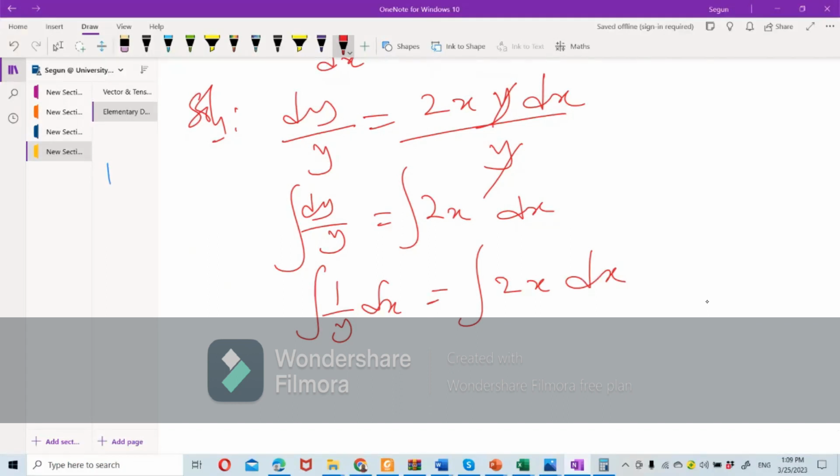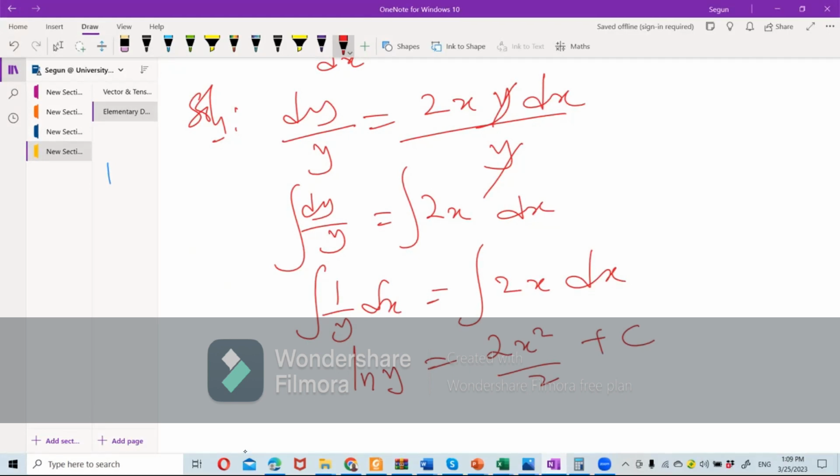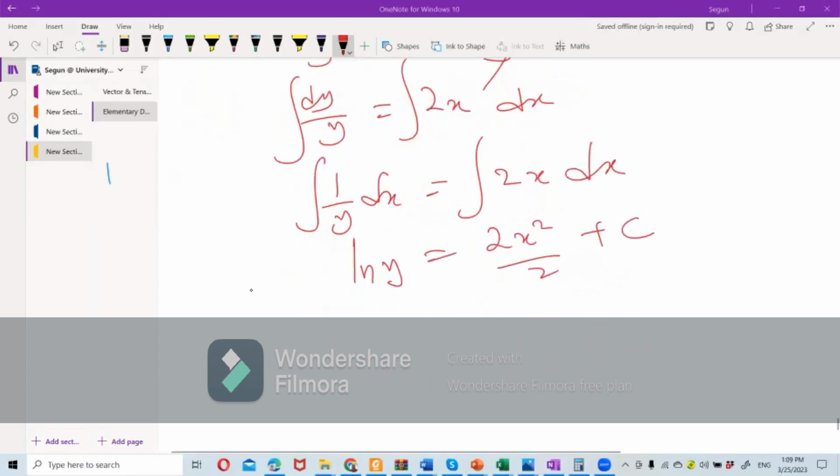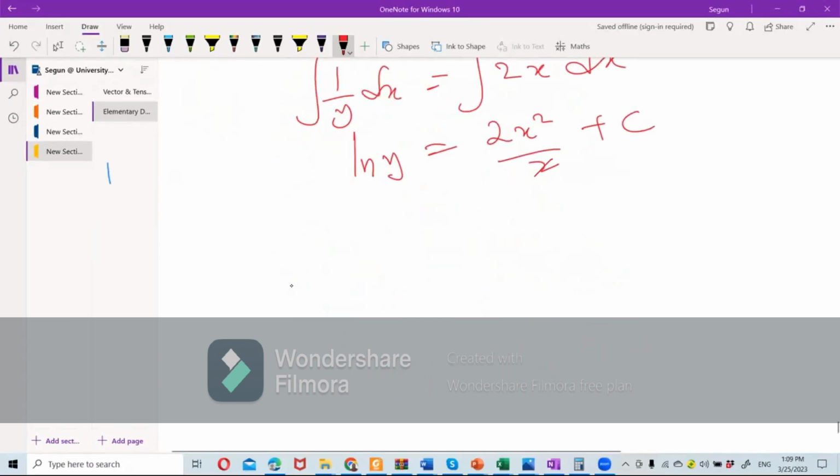When you integrate 1 over y, you have ln y, equals 2x squared over 2 plus c. These two cancel 2. You have ln y equals x squared plus c.